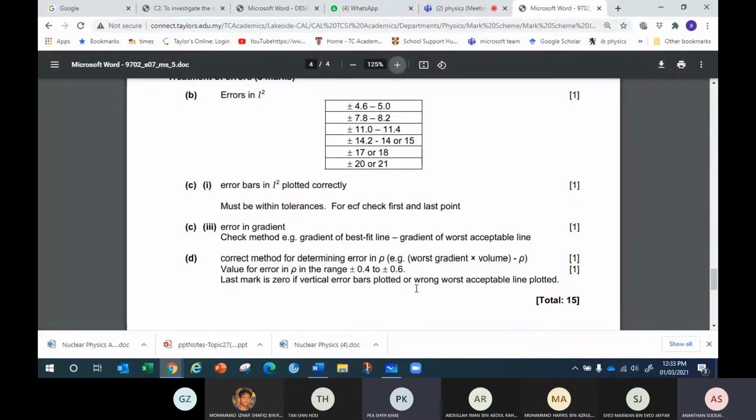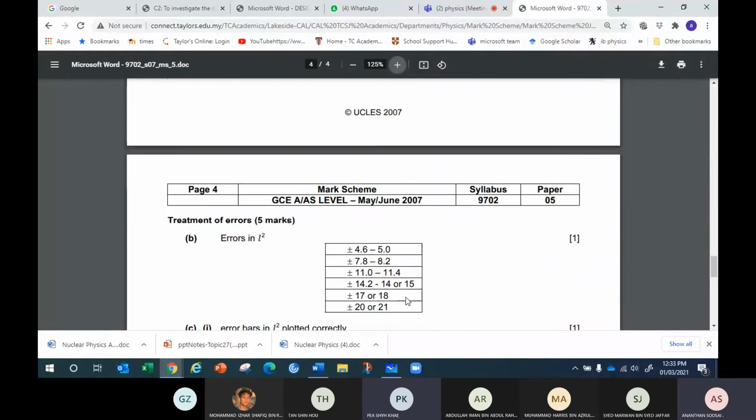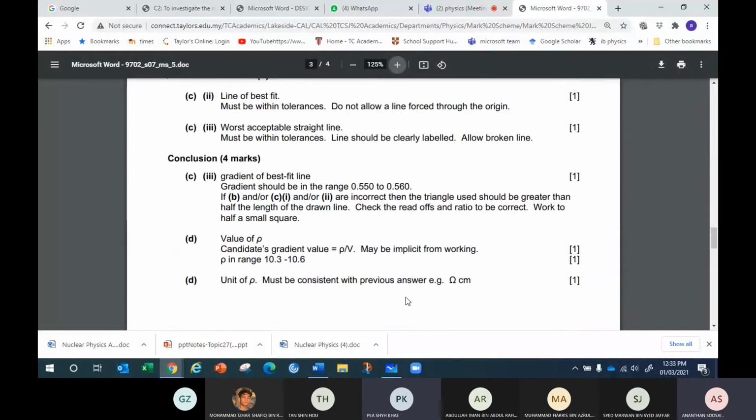Teacher, if the error I calculated just now is double the value, then I plotted my error bar and my line of worst fit, and I get my gradient. If I use that gradient to calculate the next step, will I get error carried forward, or will I lose all the marks? In the real examination, you might lose marks, but not all.